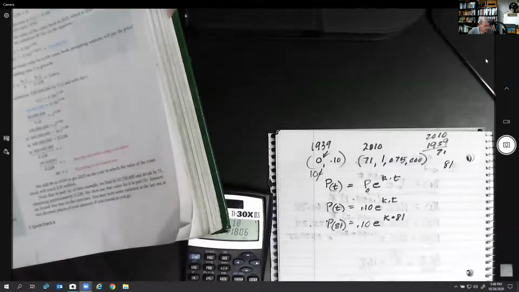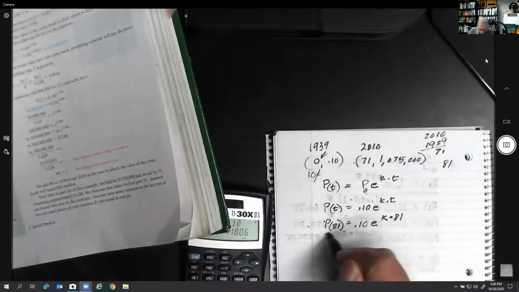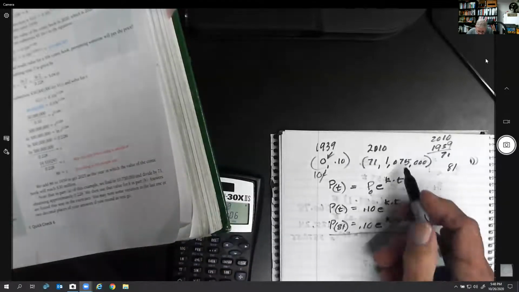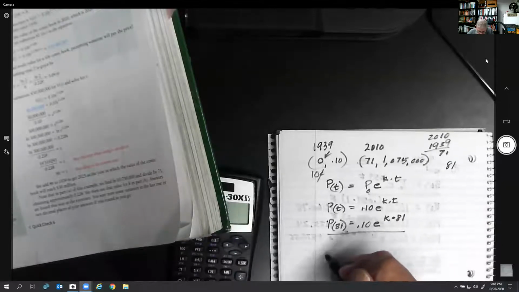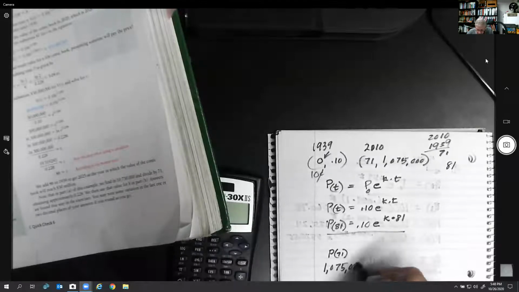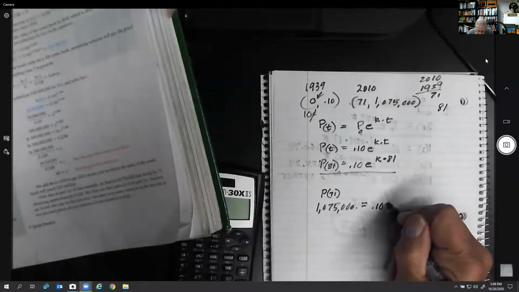Well, let's see. We've got to find this rate of growth. This is the formula we're going to use for 2020, but let's use the amount now. 71 years later, it was 1,075,000, and that was equal to the initial amount it started out at, 0.10, times e to the k times 71.